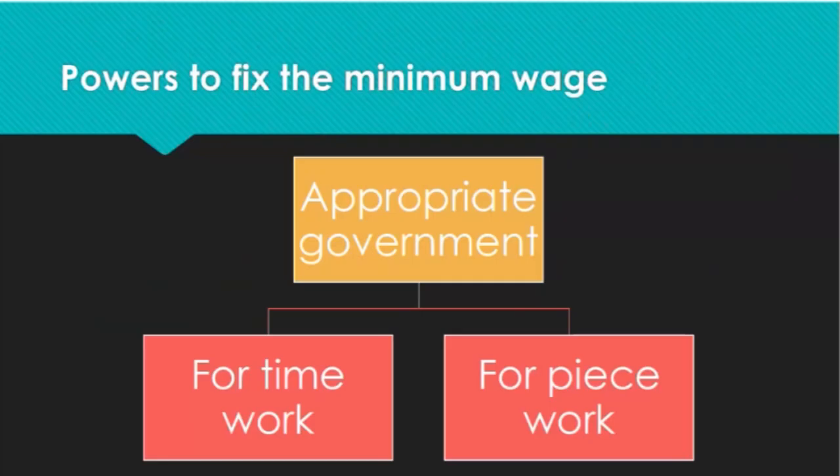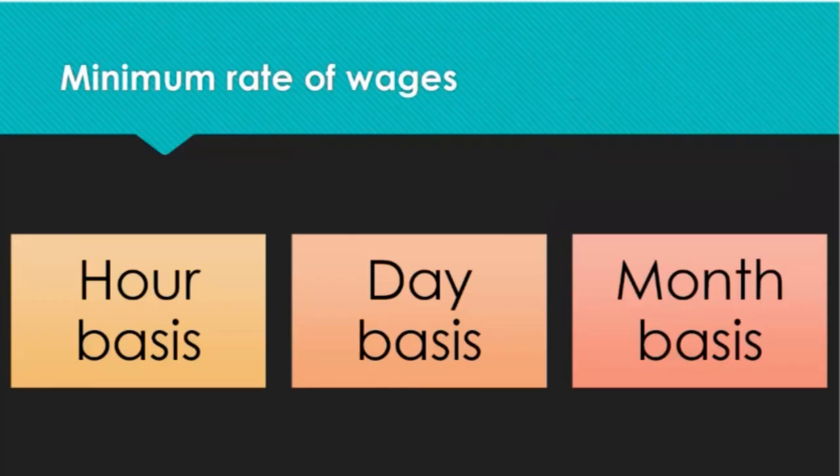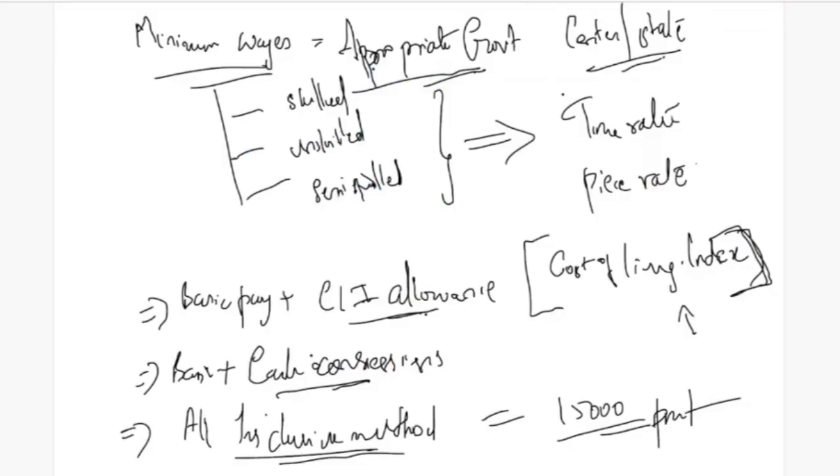And how is the minimum wages fixed? It can be fixed on time rate basis or on piecework basis. So generally, it will be fixed on time basis only because piecework will be difficult for the government to fix. So they will fix minimum rate based on hours, day, and month. Then based on skilled, semi-skilled, and unskilled. Minimum wages: hour, days, month.